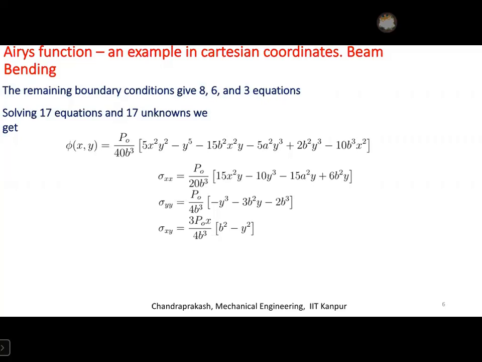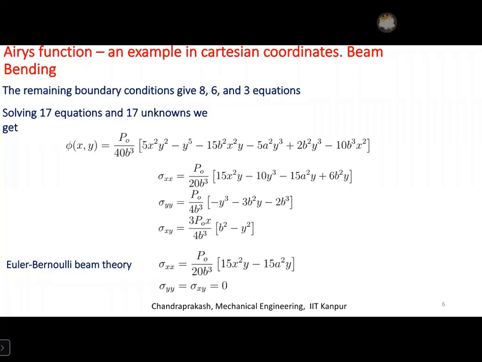Now, what is the problem with this solution? Right? At the beginning of the lecture, I said that there is a slight issue with this. So what is the problem? First, let us see the plus points. If I compare this with the standard Euler-Bernoulli beam theory, this is the solution using Euler-Bernoulli beam theory.